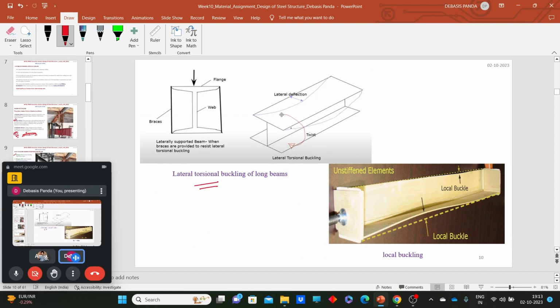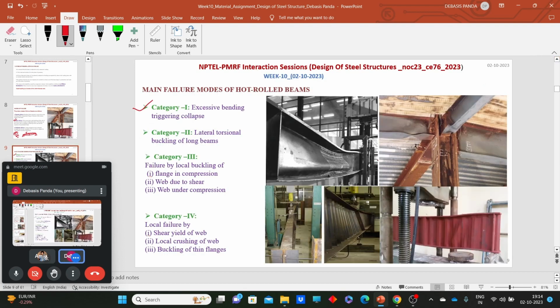For a long beam, what happens if the beam is not supported in the lateral direction? What will happen when some transverse load is applied? Some twisting moment will generate, and lateral torsional buckling can occur during loading.